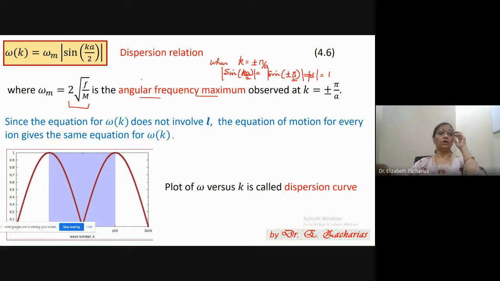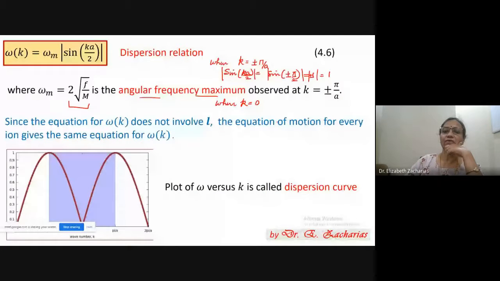So you find that whenever k is equal to plus or minus pi by a, at that time omega is going to be equal to omega m. It shows a maximum omega. What will happen when k equal to 0?